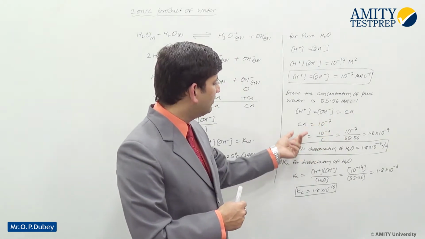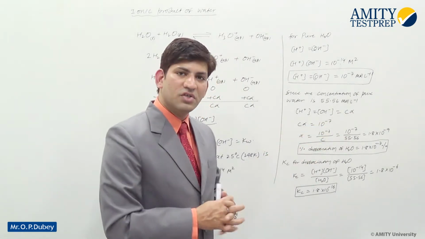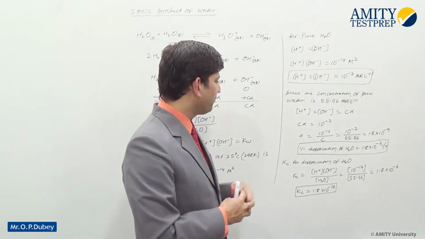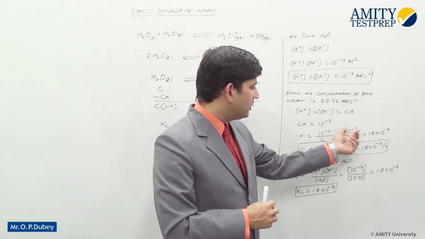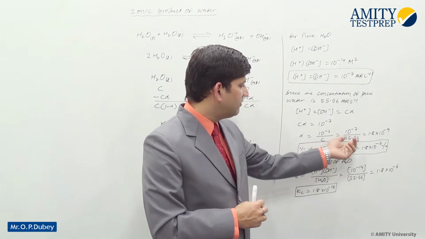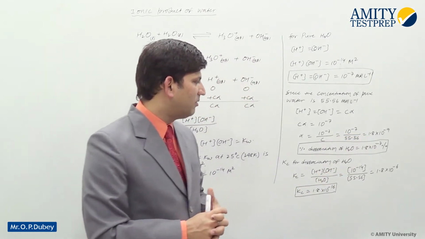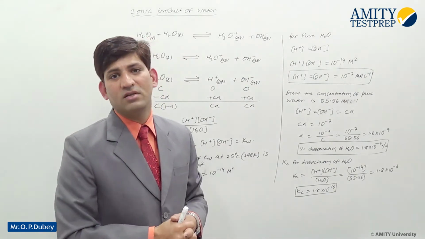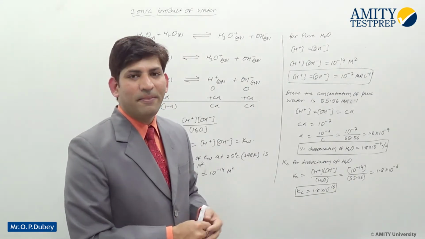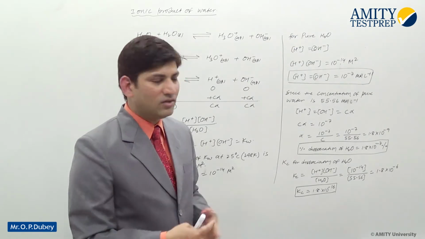Then the degree of dissociation of water is 10 to the power minus 7 upon 55.56, which is equal to 1.8 multiplied by 10 to the power minus 9. The degree of dissociation of water is very small, that is, it is a very weak electrolyte.